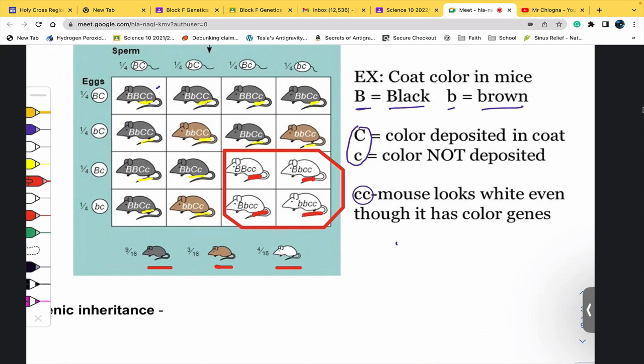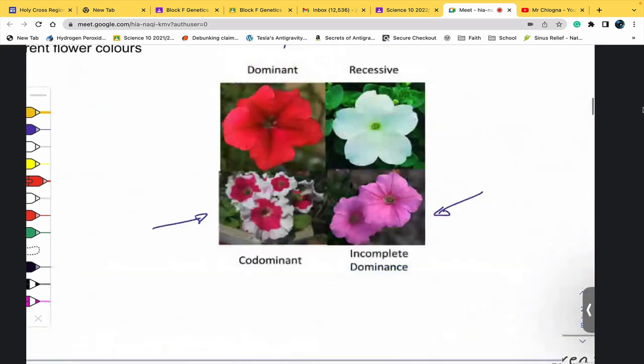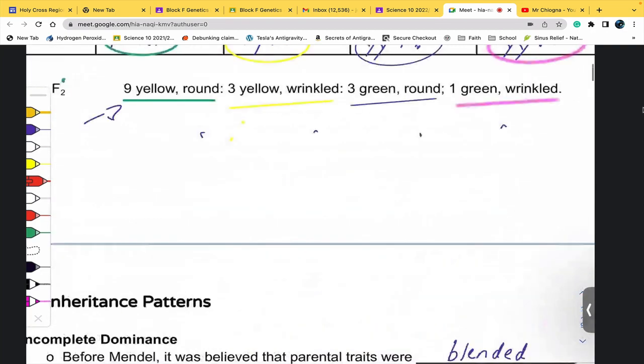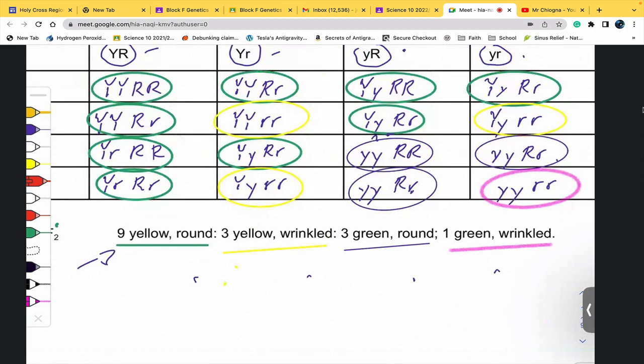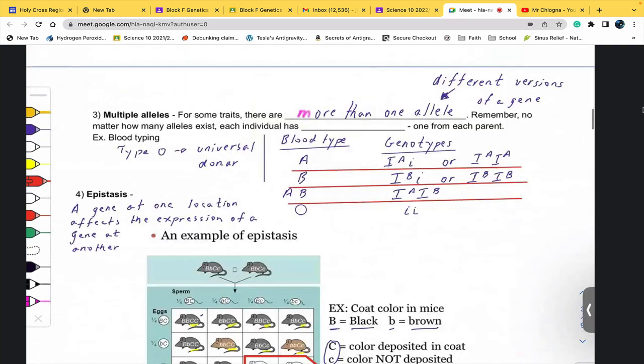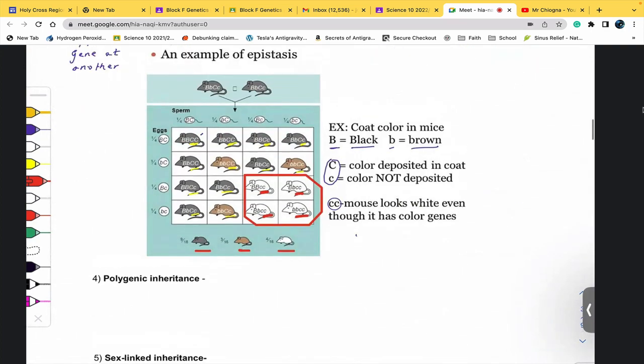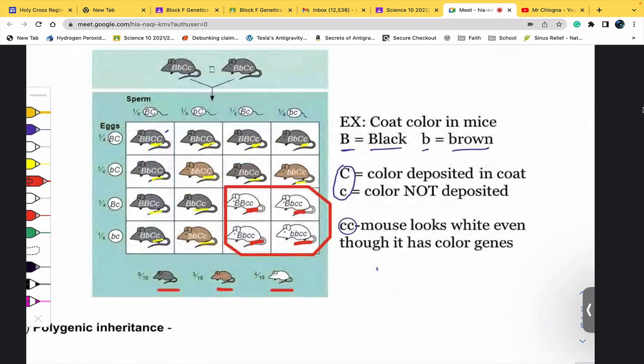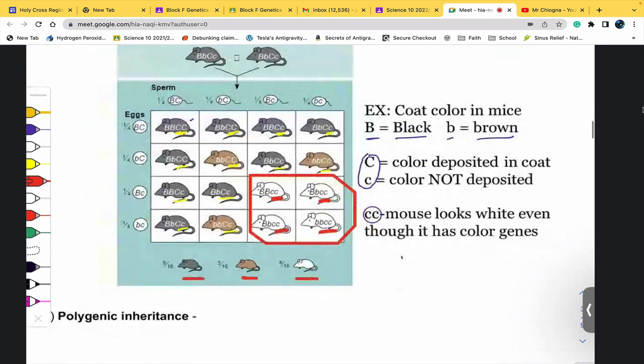Okay, rather than what you should expect with a dihybrid cross, which is 9, 3, 3, 1. Instead, you get the 9, 3, and the 4.